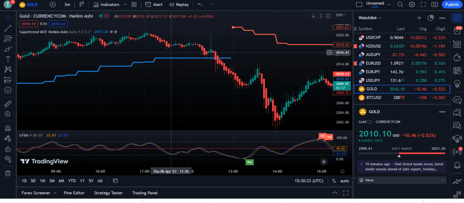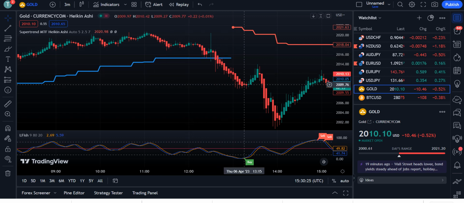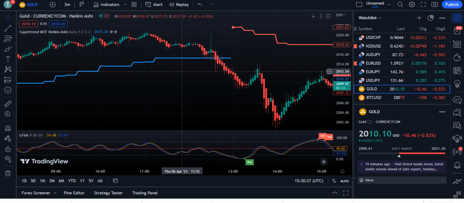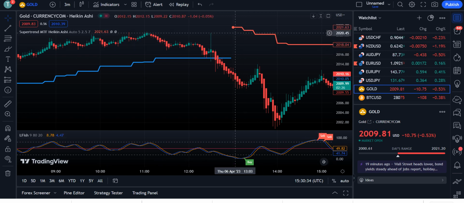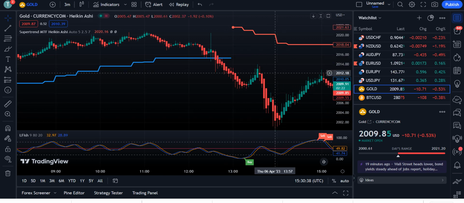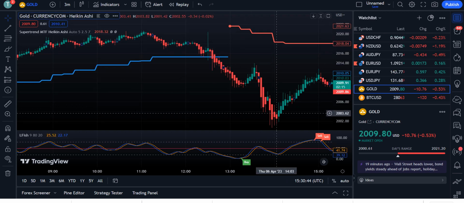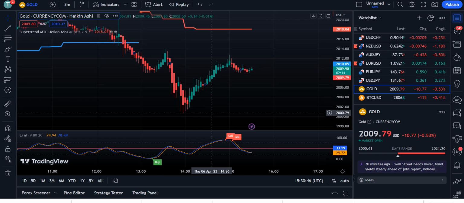Afterwards we will see that our market has taken the trend reversal from here, and after that we have got the signal of buy from here. Now our market has gone below this red color line, so we have to take the entry into the market for the bearish trend, for the sell signal, and that is how we will take the entry into the market for our strong signal.